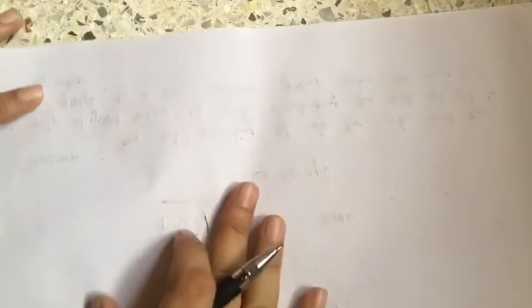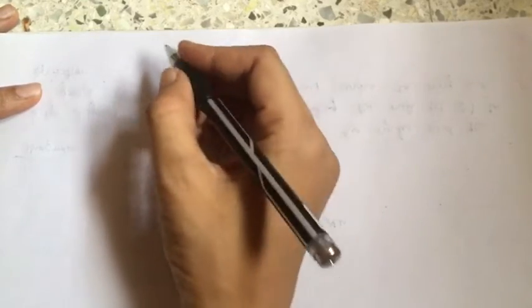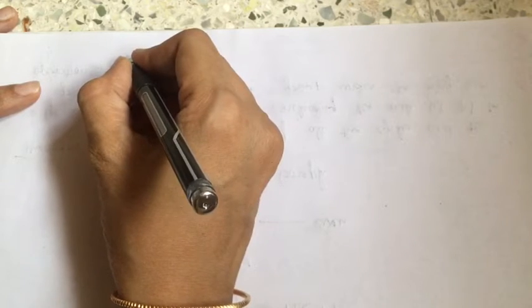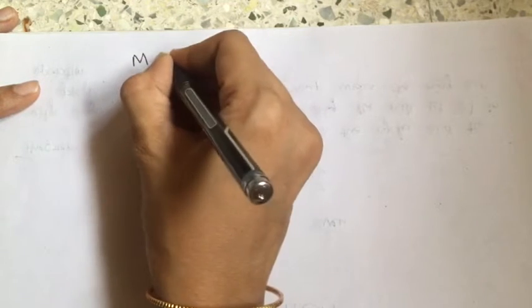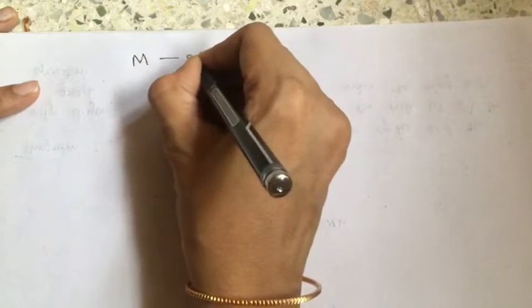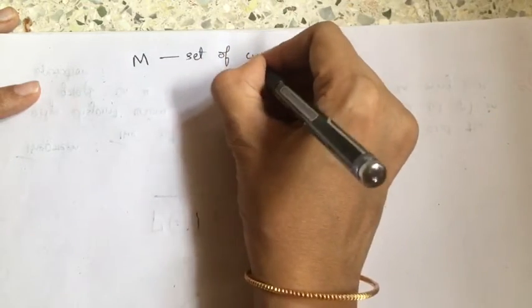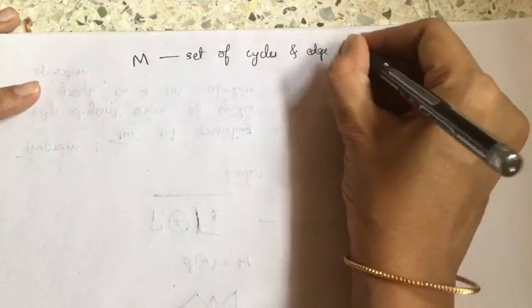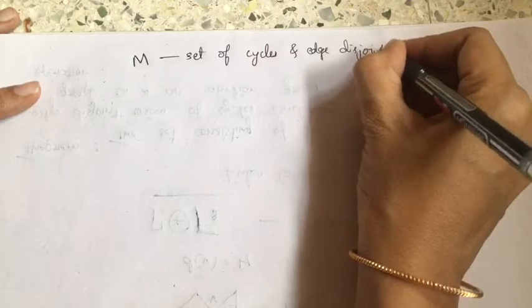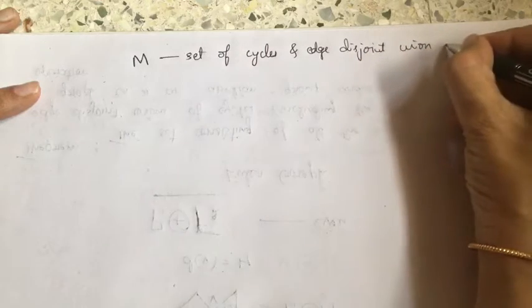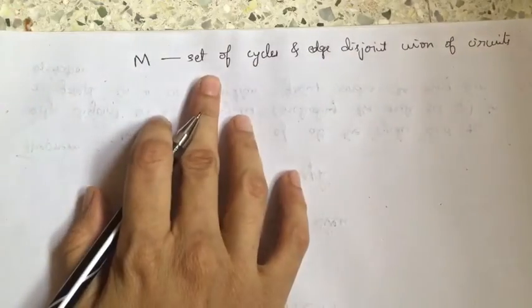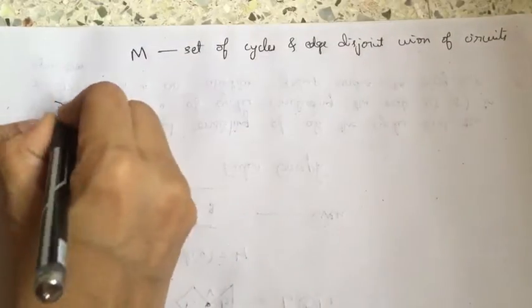So let us take set of all circuits and edge disjoint union of circuits. Let me define that as, say, set M, which is set of all cycles or circuits and edge disjoint union of circuits. So first we'll prove closure property.